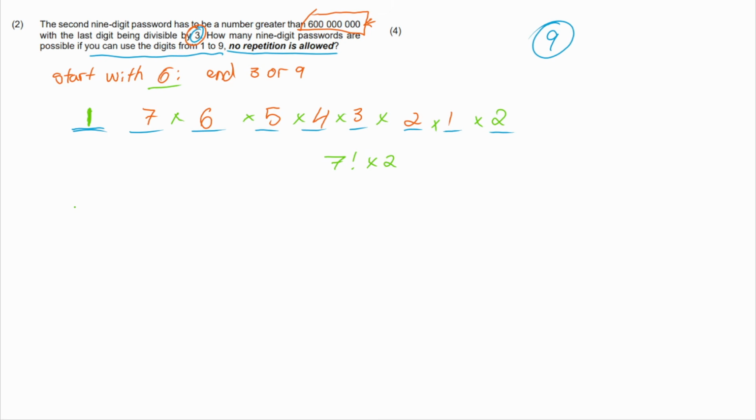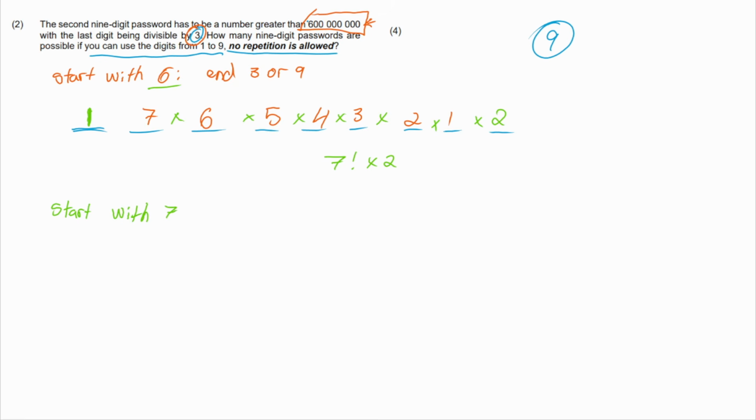Now let's look at if we start with a 7 or 8. The reason I don't want to start with 9 is that starting with 9 will be an interesting case. To be honest, you could even split it like this. Let me show you how if we start with a 7.